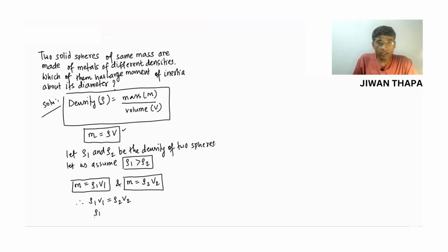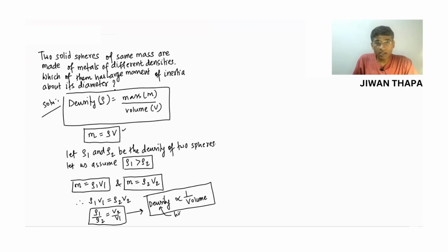Therefore rho 1 by rho 2 equals V2 by V1. So we can generalize this relation: density is inversely proportional to volume. So if density is high, then volume is small.